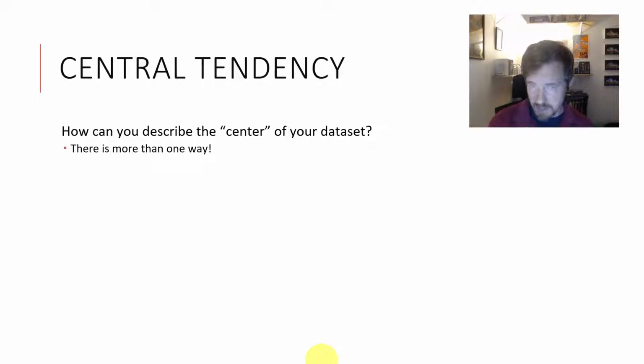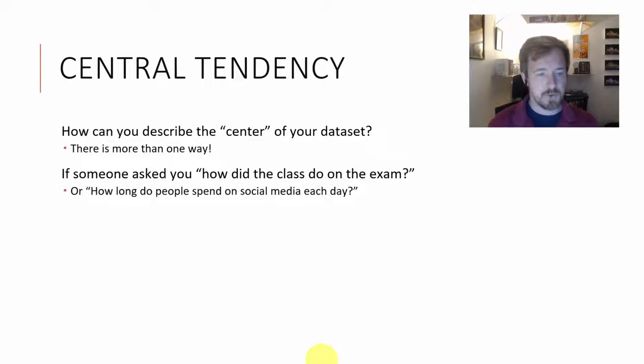Alright, so thinking about how to describe data, how would you be able to describe what the center of your data set is? Because if I say center, there are lots of different ways to interpret the words and meaning of center. So there's more than one way to do it. If someone asked me, how did the class do on the exam? That's one kind of question. You would probably be expecting something like an average, right? Or if somebody asked, how long do people spend on social media per day?